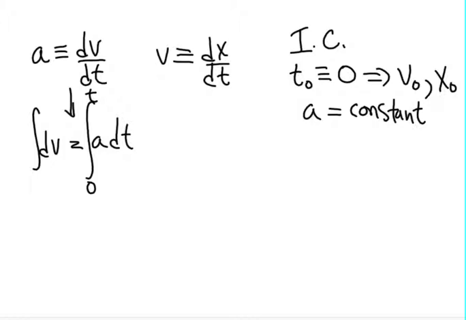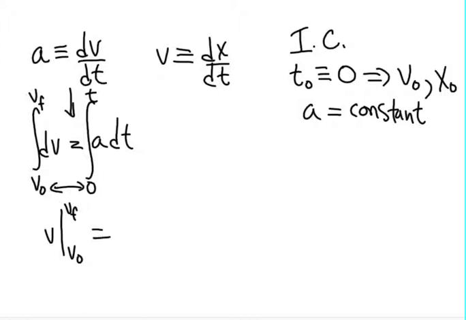And then what we want is to find out what was the velocity at this time, and that was v0. So these 2 limits match. These 2 limits have to match too, so this will be our final velocity. Now we have 2 definite integrals to evaluate. The first one, over here on the left-hand side, is just integrating a differential. So this right here is just v evaluated at the 2 limits of v0 and v final.